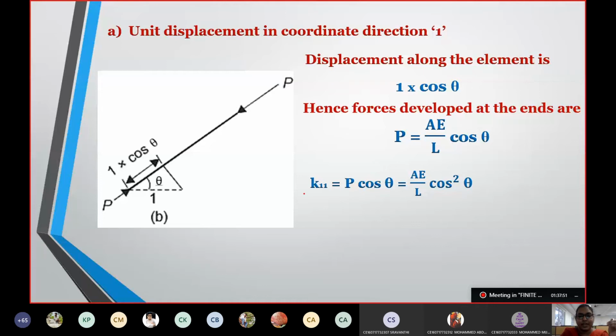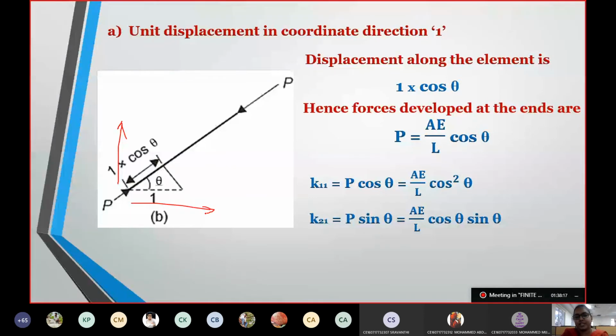All right. Now K11 is in the direction of 1 and I want along 1 itself. So P cos theta. Similarly, K21: I am applying at 1, I want in the direction of 2. What was the direction of 2? Vertical. All right. See, this is not new for us.